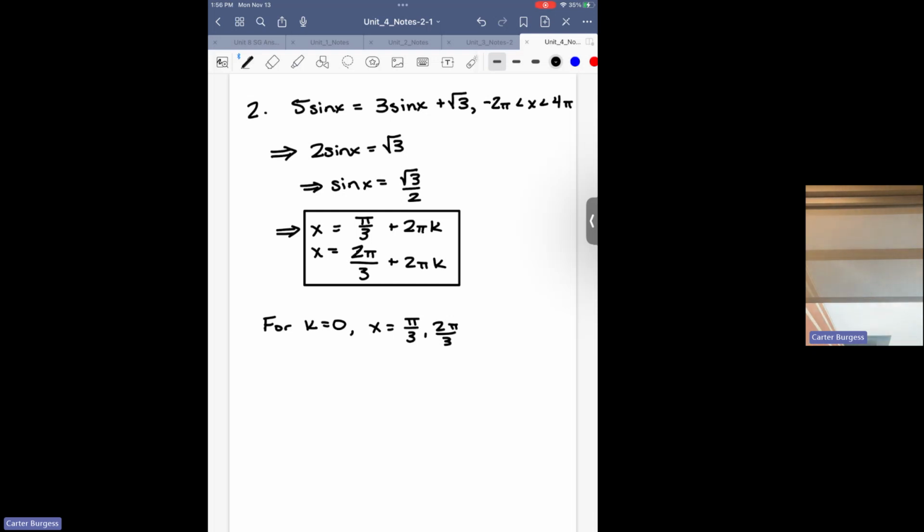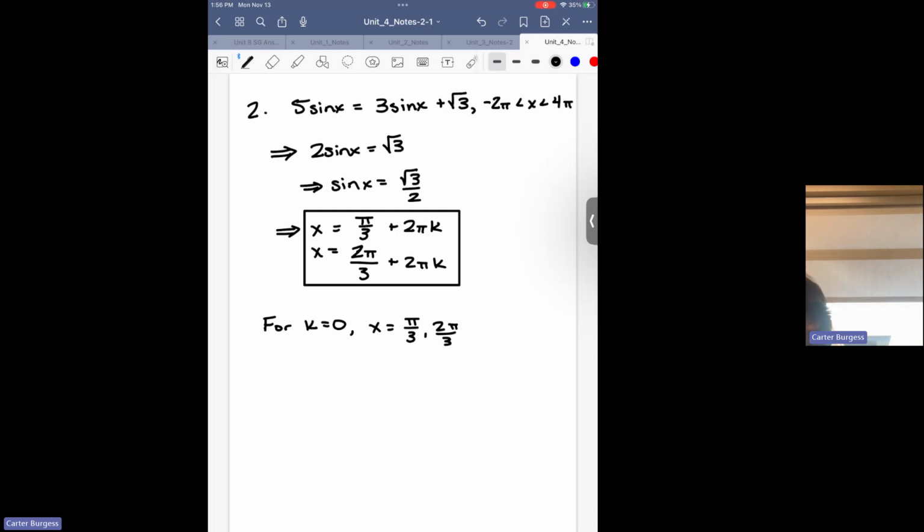But as we go, it's not necessarily going to be super easy to compare something like that. So I'm going to adjust negative 2 pi and 4 pi so that I can very quickly tell when I've gone beyond this constraint.